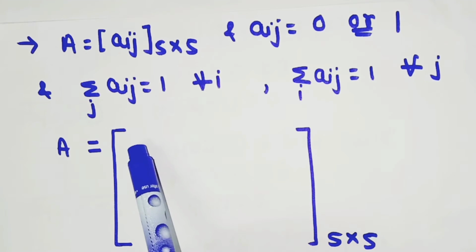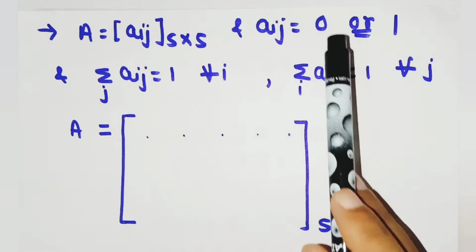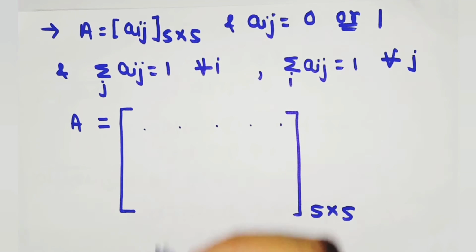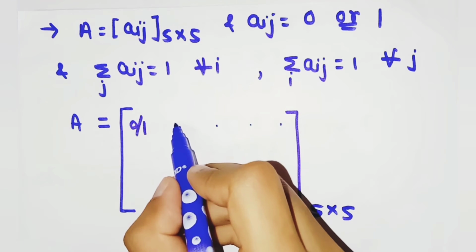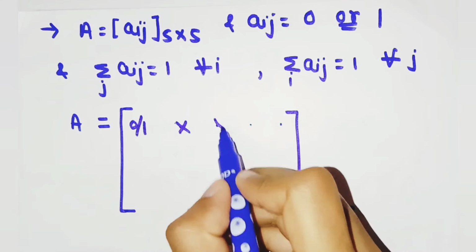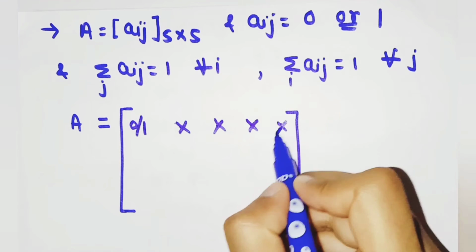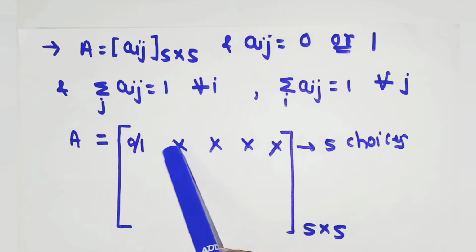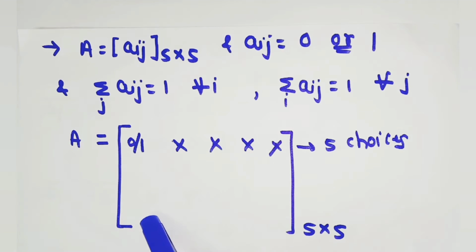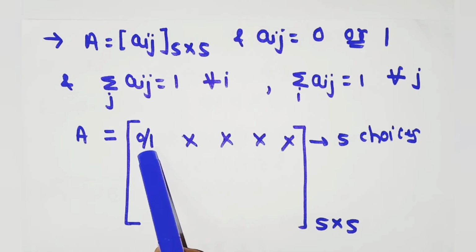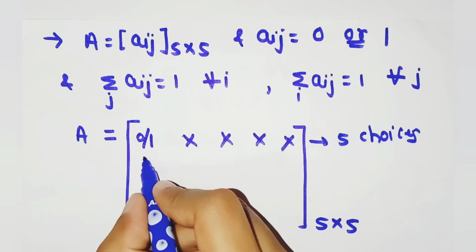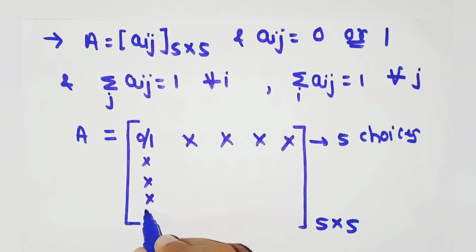Therefore, we have 5 choices to place the 1. If we put 1 here, then the remaining places are cancelled because every row and every column sums to 1. Similarly, for the column, we know that every column sums to 1, and if we put 1 here, then the remaining column places should be cancelled.